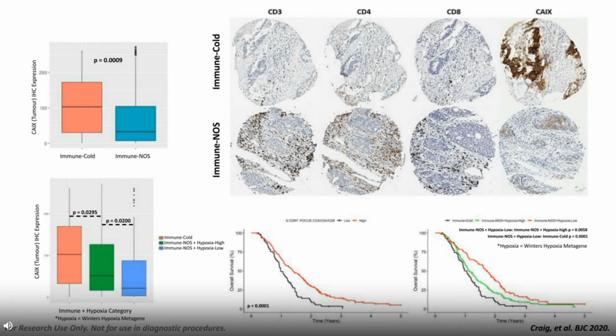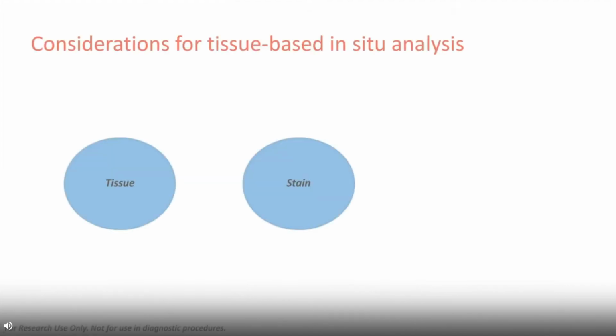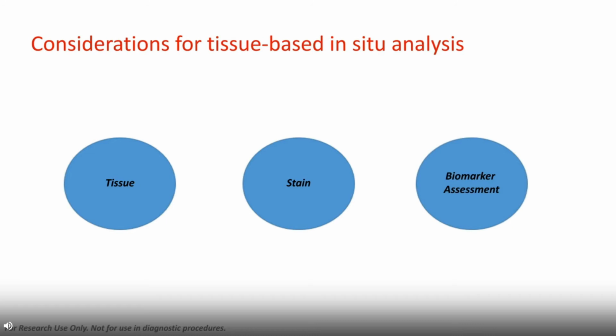So this brings us to one of our final considerations for tissue-based assessment, and this is the biomarker assessment. So we've got very strong rationale for how we prepare our tissue, whatever our choice of stain is, how do we assess these biomarkers? Do we need pathologists, or could it be a non-expert assessing these for how significant they are?